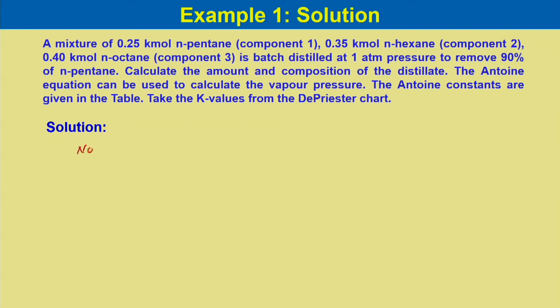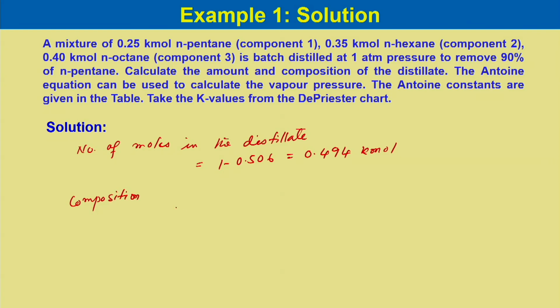So, the number of moles in the distillate would be equal to 1 minus 0.506, which is 0.494 kilomole, and then the composition in the distillate would be x1d is equal to 0.455, x2d is 0.423 and x3d would be 0.1185.